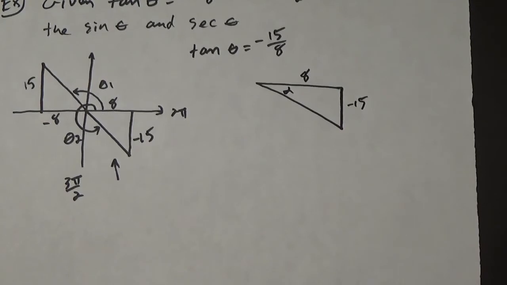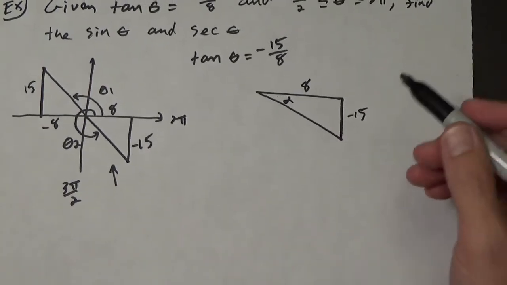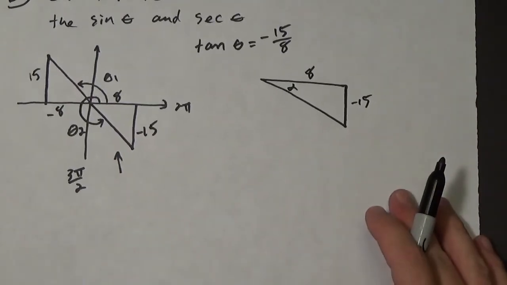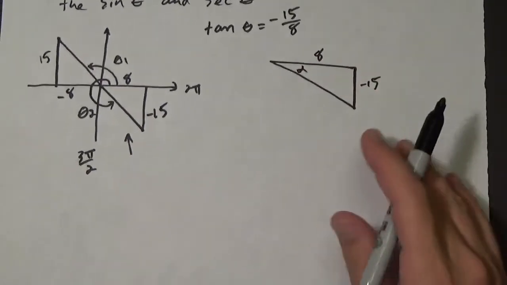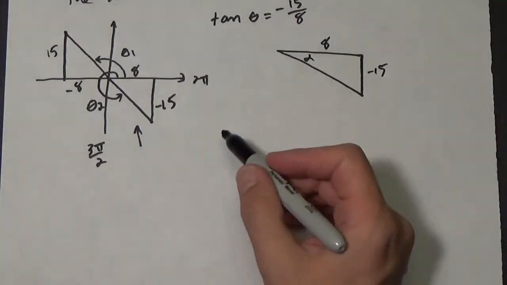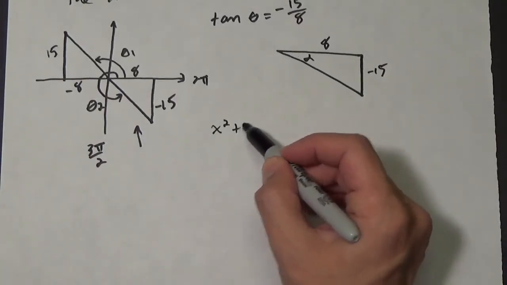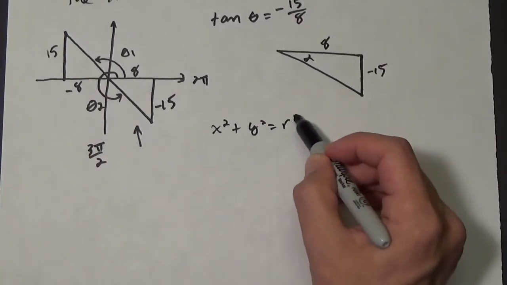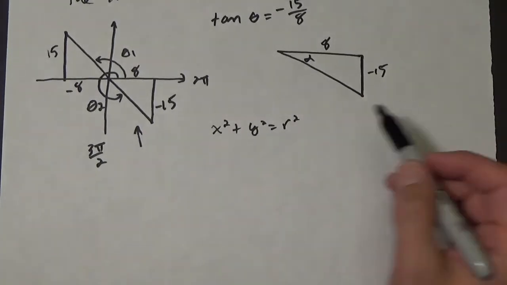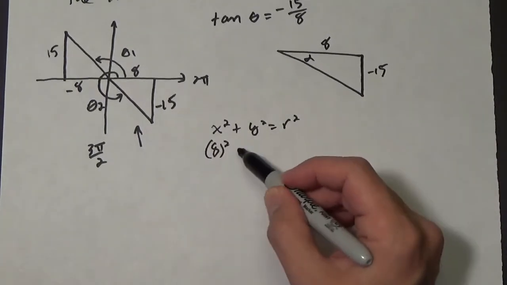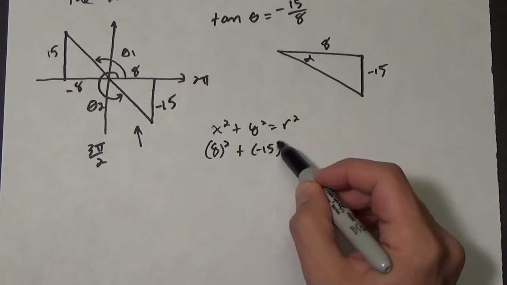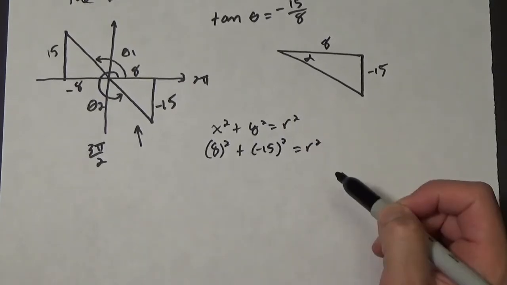And we need sine. Of course, sine is opposite over hypotenuse, so in most of these problems you pretty much have to find the third part, so you might as well just go to the Pythagorean theorem. So we have x squared plus y squared equals r squared. So that's 8 squared plus a negative 15 squared equals r squared.